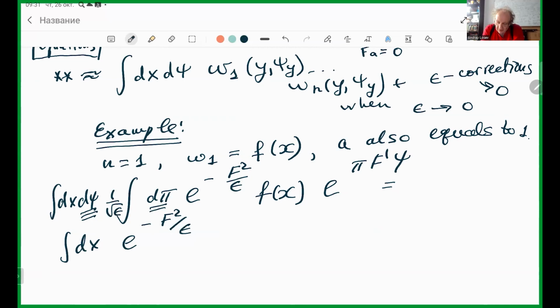I forgot the square root of epsilon. Now, how to compute this integral?